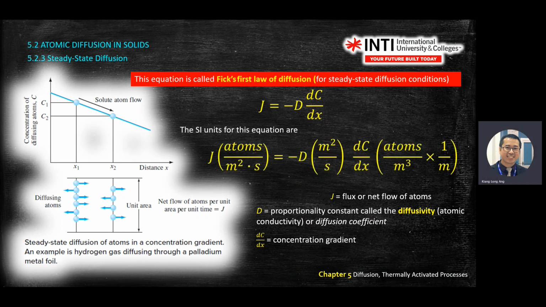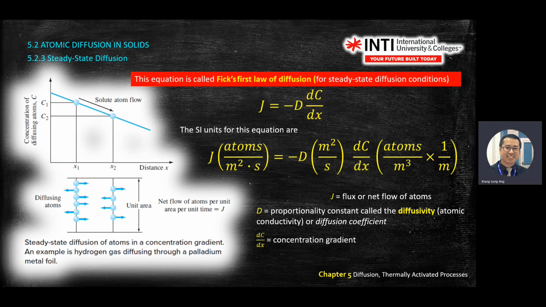So I break it down using dimensional analysis. Have you learned dimensional analysis? No? Okay. But anyway, J is in atoms per meter squared per second. D is in meters squared per second.